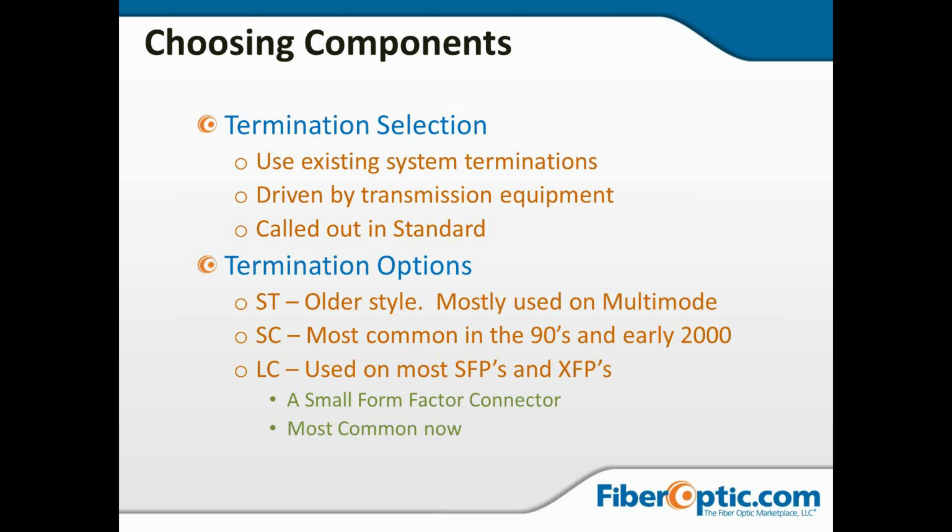So there's a great deal of capacity difference by using the LCs, and since so many of the SFPs and XFPs use that smaller form factor to limit their footprint and make smaller cabinets or smaller boxes, the LC is becoming much more popular in the fiber world.